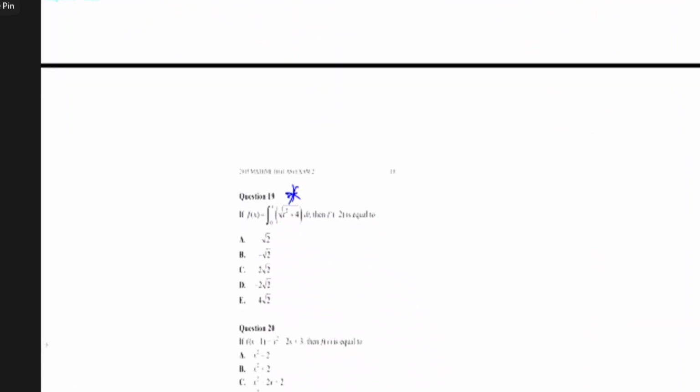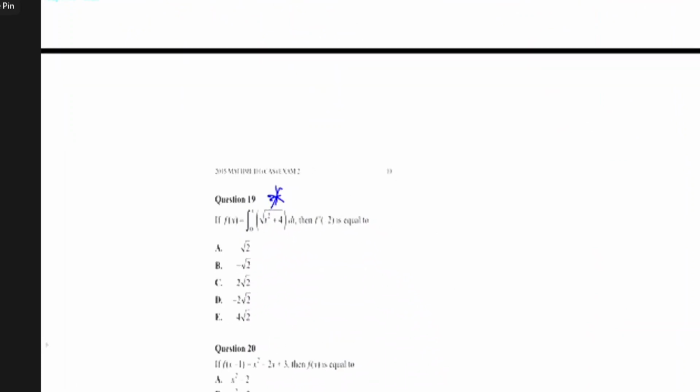So next question, question 19. Here I put it in the CAS. So what I did was in the CAS I put d/dx of this integral, and then you get, yeah, you get this.